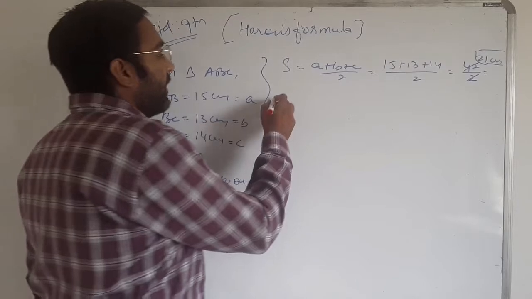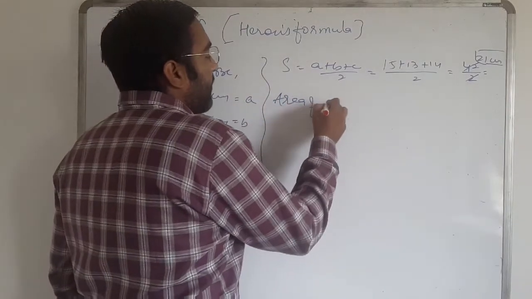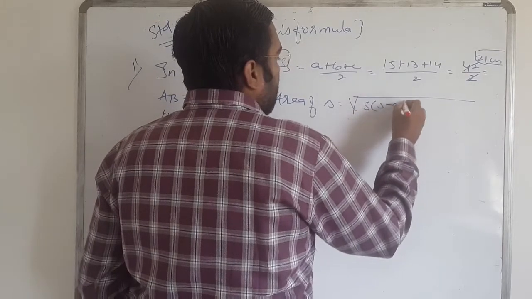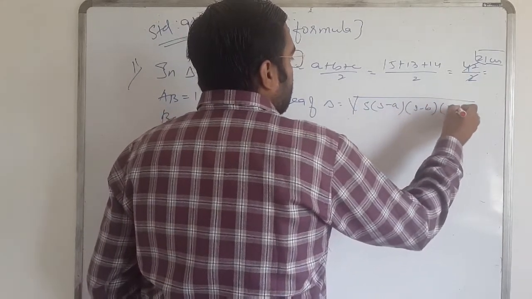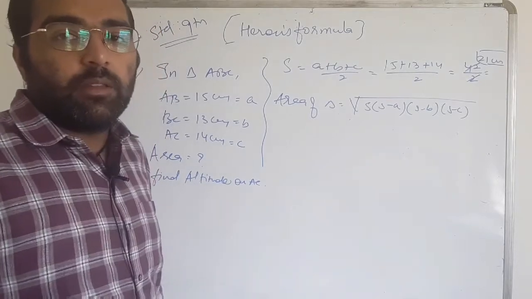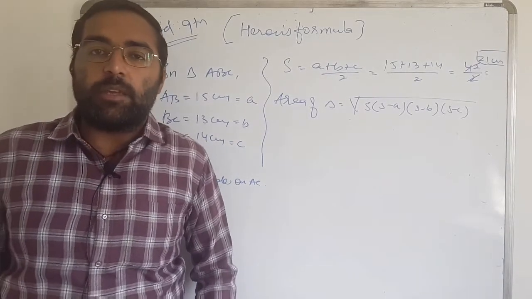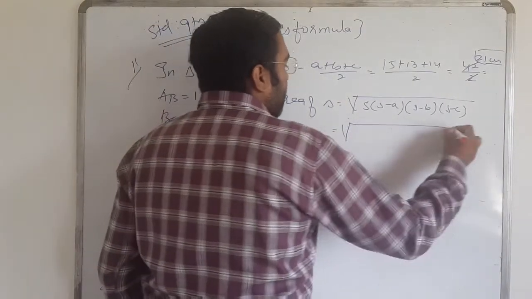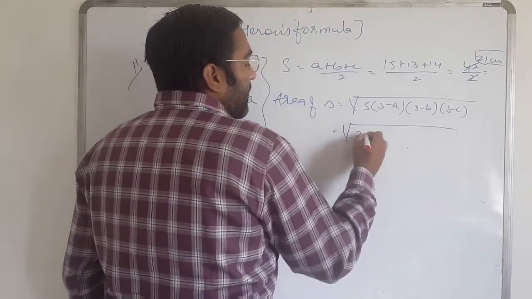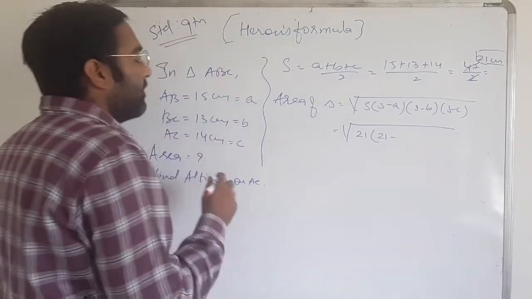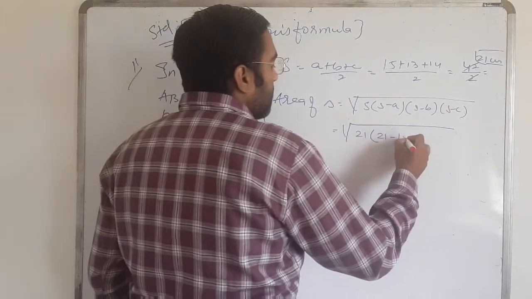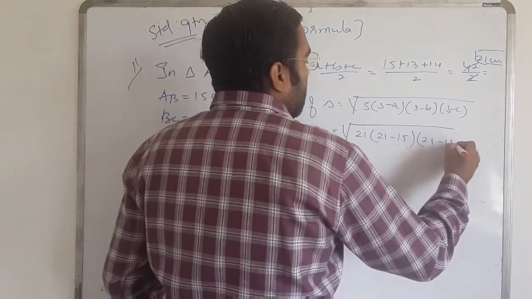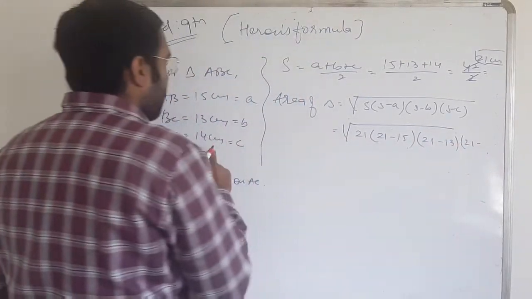Now we move on to the area of the triangle, that is square root of S into (S minus a) into (S minus b) into (S minus c). Now S is the semi perimeter, so my semi perimeter is 21. 21 minus a, that is 15, 21 minus b, that is 13, and 21 minus c, that is 14.